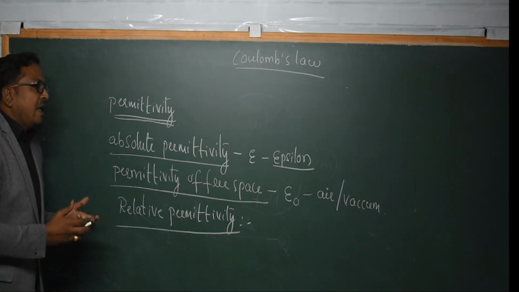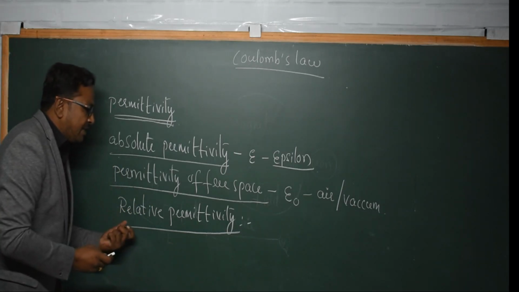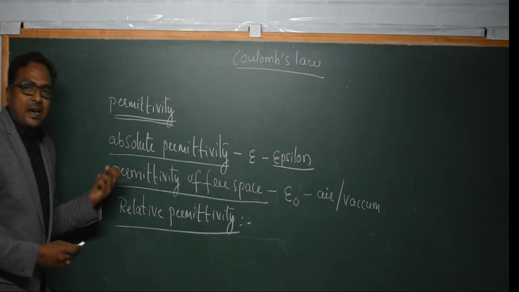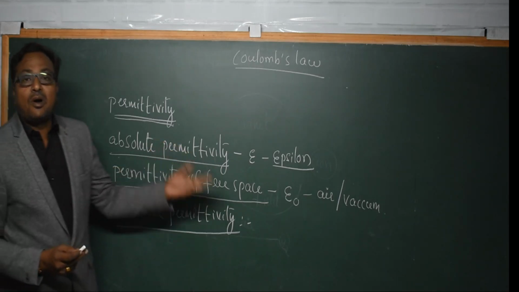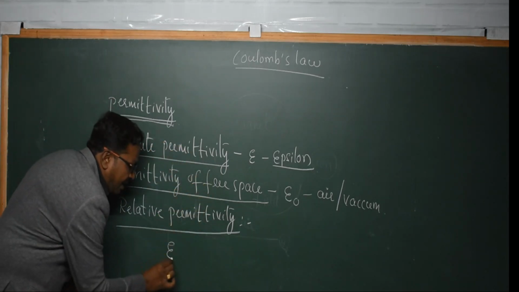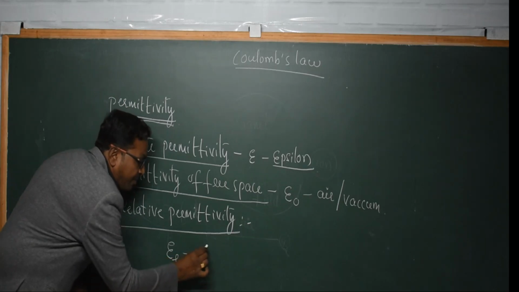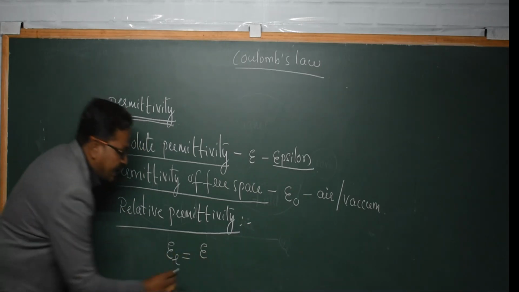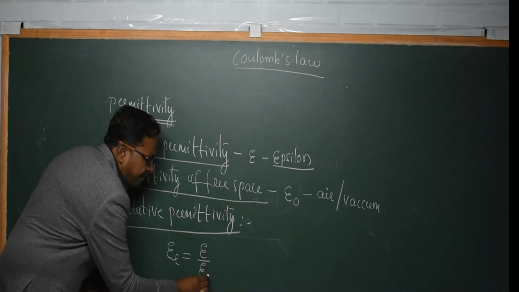We can define it as the ratio of absolute permittivity to the permittivity of free space.